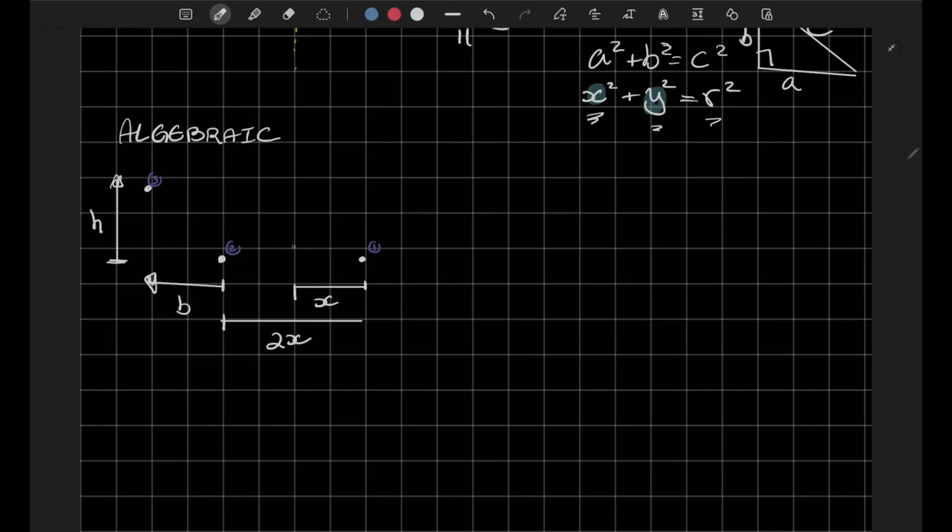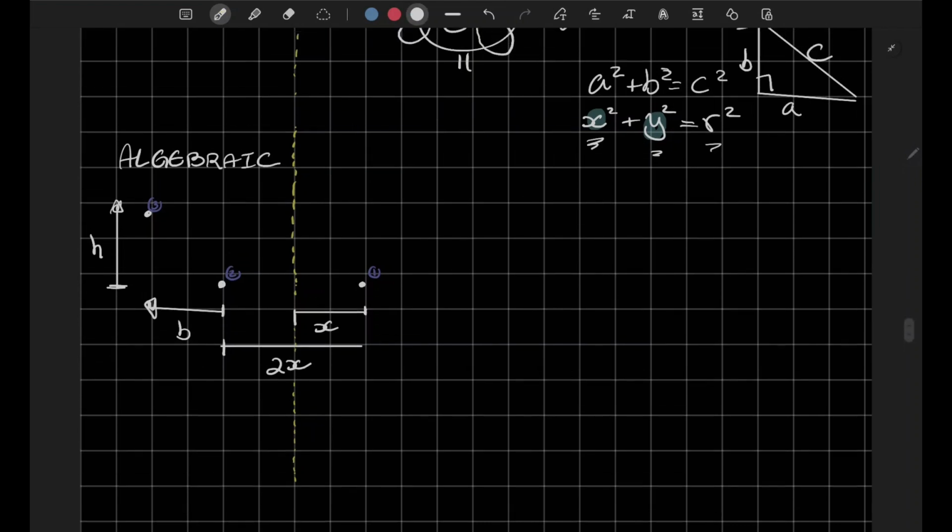And then we see we have our points here in the center that allow for us to have a circle given points 1 and 2. We're going to call this vertical distance y.